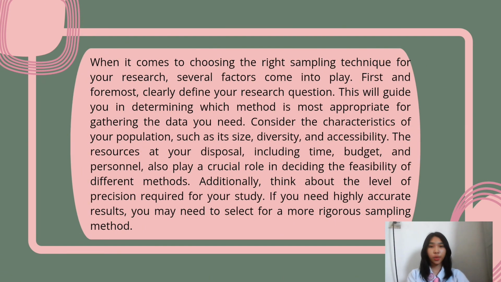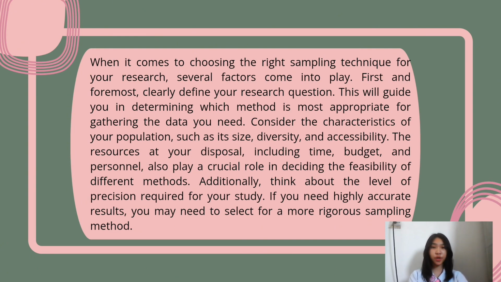When it comes to choosing the right sampling technique for your research, several factors come into play. First and foremost, clearly define your research question. This will guide you in determining which method is more appropriate for gathering the data you need. Consider the characteristics of your population, such as its size, diversity, and accessibility.